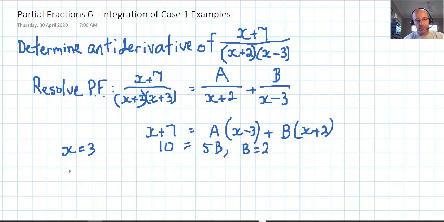We use a second substitution, and x will equal -2, so we have 5 equal -5a, a equals -1. So by now this is getting fairly routine, this step.